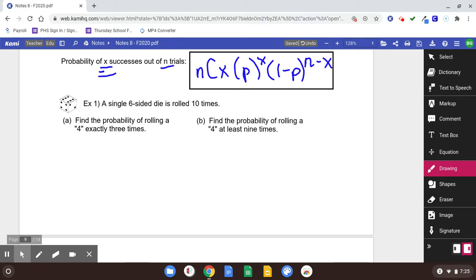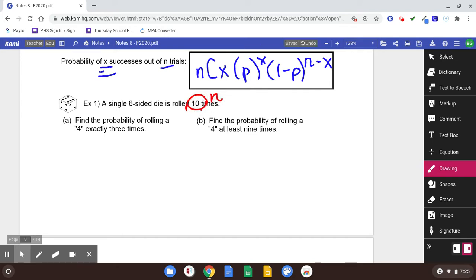Example 1: a single six-sided die is rolled 10 times. Find the probability of rolling a 4 exactly 3 times. So this is a binomial experiment because we're repeating the same experiment over and over again. In fact, 10 times. So looking at the variables in the problem, 10 times, that's n.